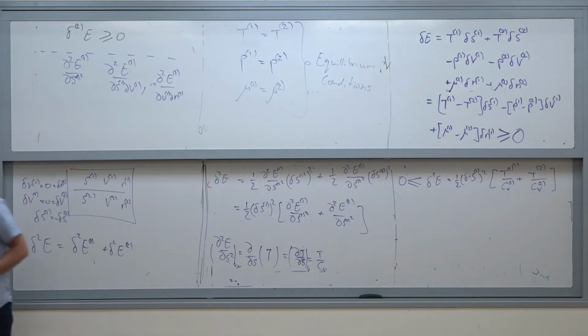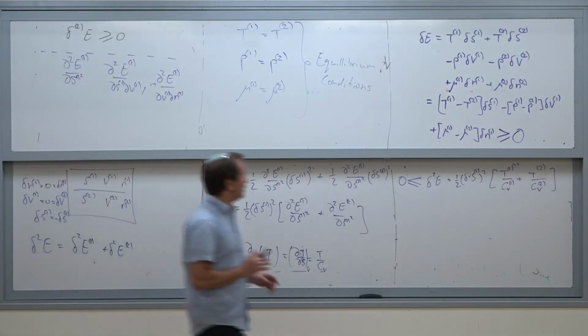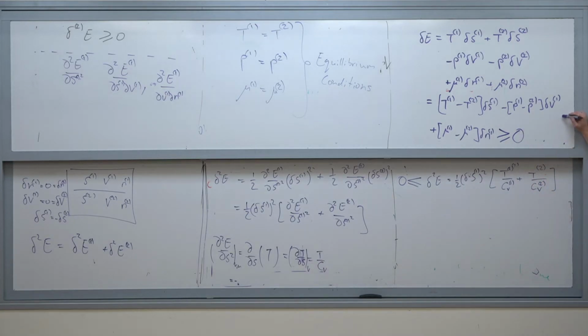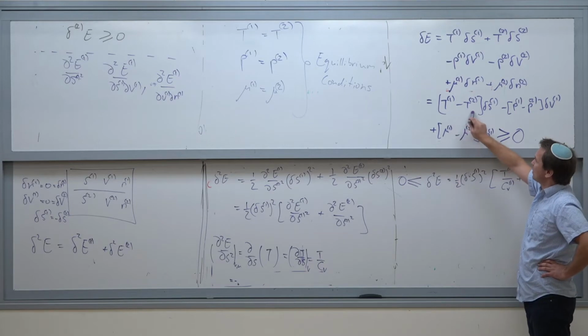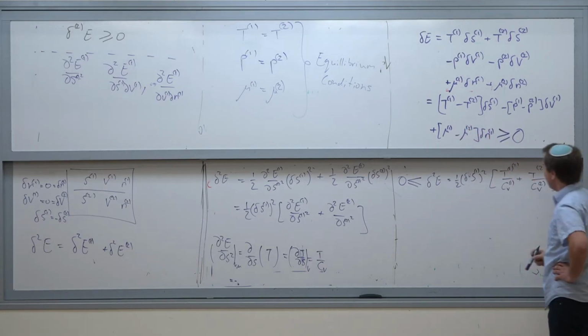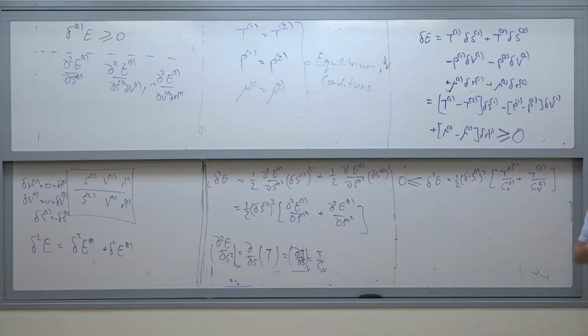Now, from the previous argument, we said everything should be 0 when we can control delta N, delta S, and delta V in any form that we want. This means that all the arguments between the variations of the variables should be 0. Here, we can control delta S as we want.